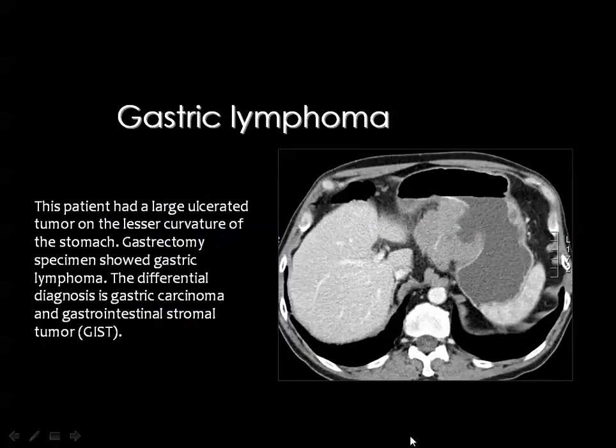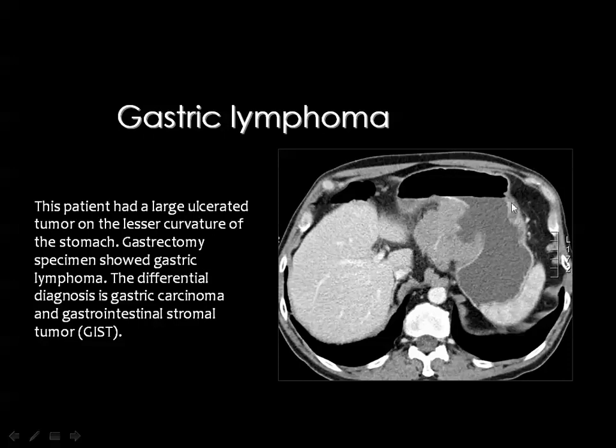And lymphoma may also present by focal masses which are indistinguishable from gastric carcinomas. You remember that lymphoma is a diffuse pathology, while carcinoma is usually a focal pathology.